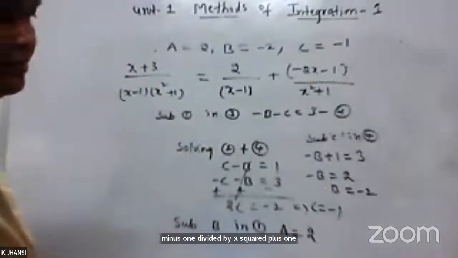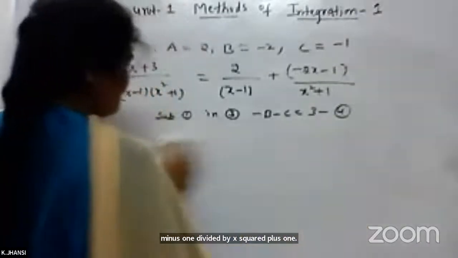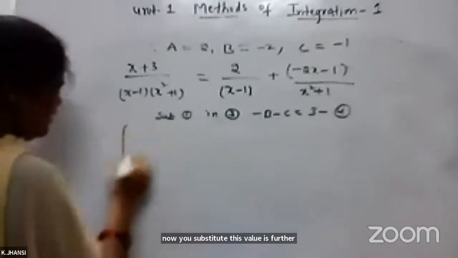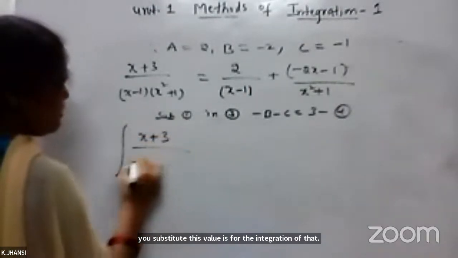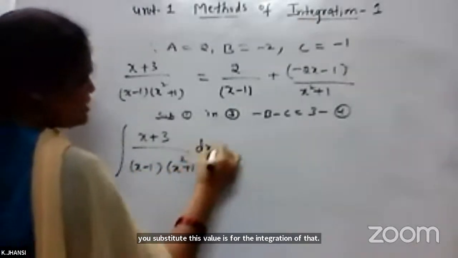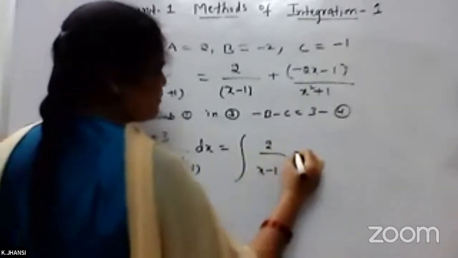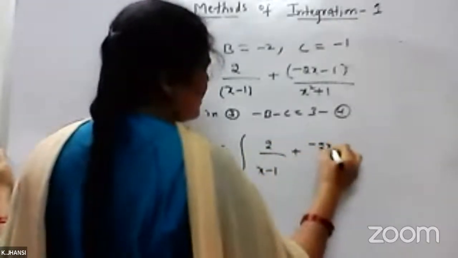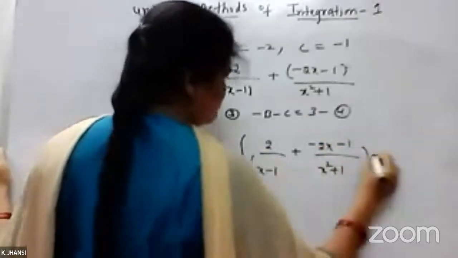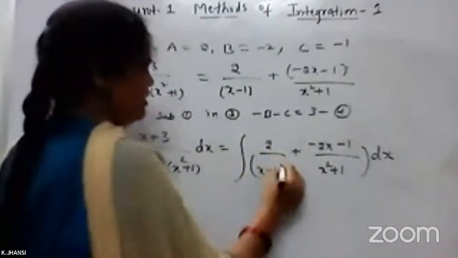Okay. Now you substitute this value for the integration of that one. So integration of (X plus 3) by (X minus 1)(X square plus 1) dx is equals to integration of 2 by X minus 1 plus (-2X minus 1) by X square plus 1 dx. Okay. So now this one is easy.